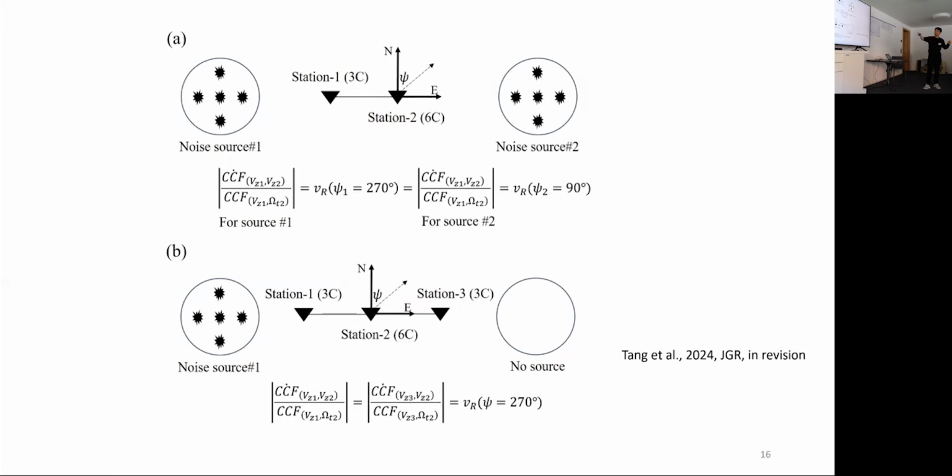If you do another pair, station 2 and station 3, you also get another phase velocity, but it has the same phase velocity in terms of our method. But for the traditional method, they use the time-dependent information, so it will be different. So this is the difference compared to the conventional method.